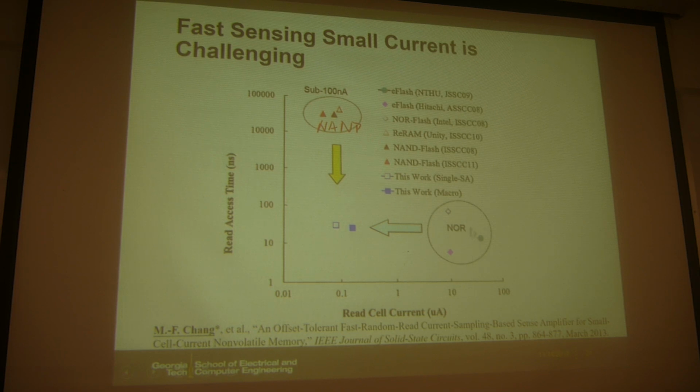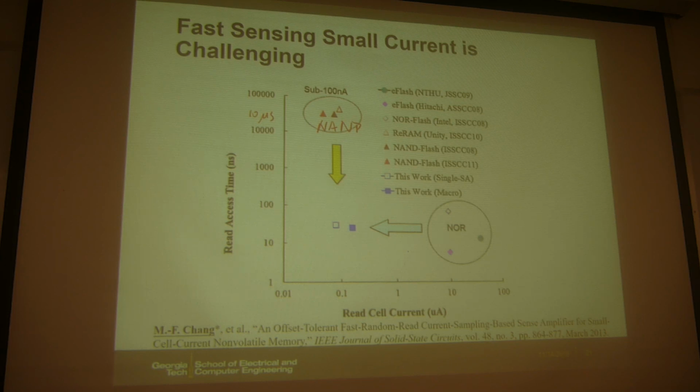So you can sense that within like tens of nanosecond. But for the NAND flash, you go through that string of transistors, then the current is very small, typically hundreds of nanoamp. So that's why you need tens of microseconds to sense.